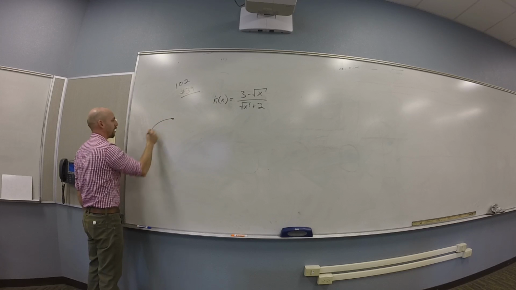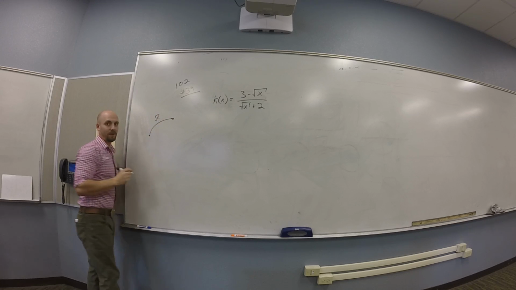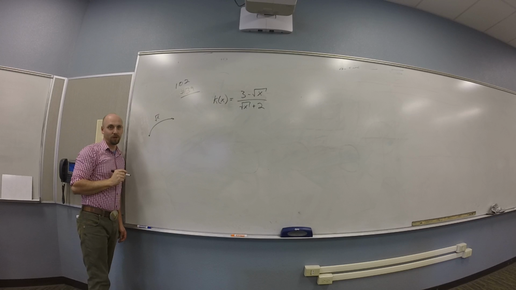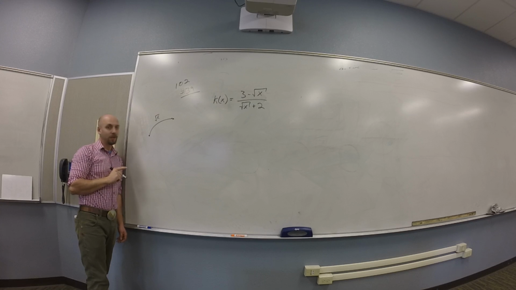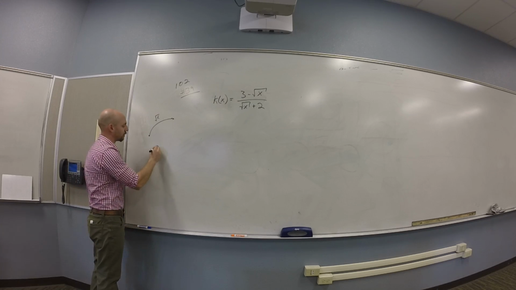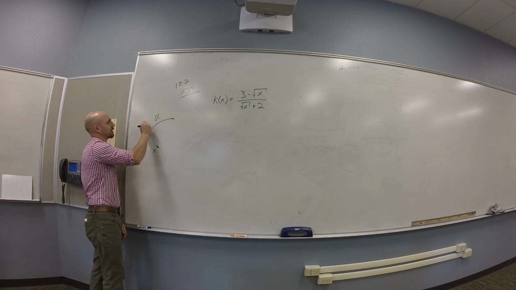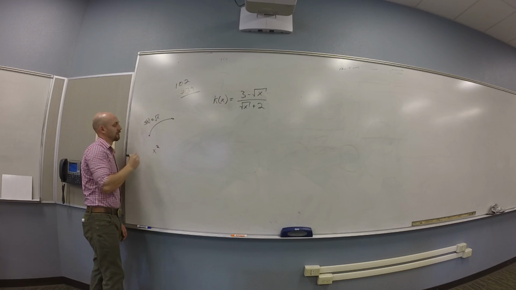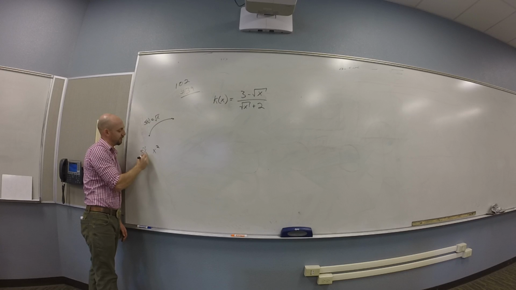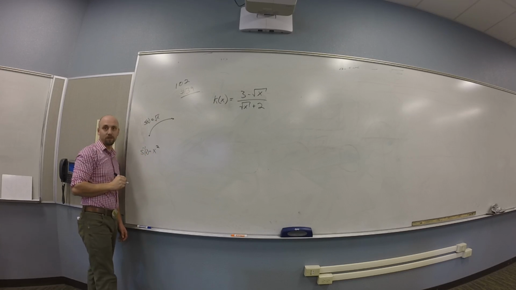So if this is square root of x, this clearly passes the horizontal line test, right? And my thought is that an inverse would be x squared. Like, if I called this s of x, then I would think that s inverse of x is x squared.